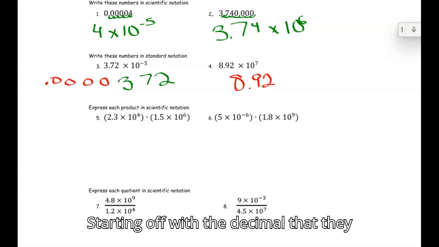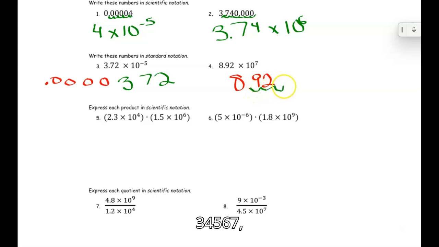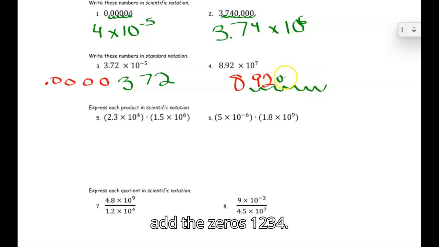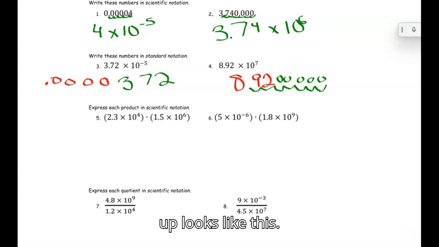Starting off with the decimal that they provided us, now we're going over 7 places to the right. So positive exponent, 3, 4, 5, 6, 7. Add the zeros, 1, 2, 3, 4, 5, and the new number we end up looks like this.